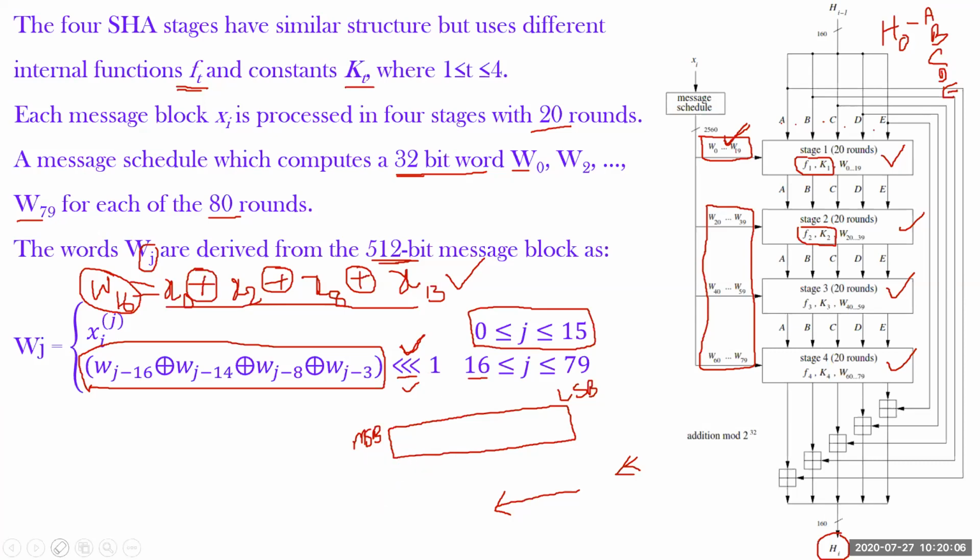Whereas if you take this one, this operator indicates a rotate left kind of operation. What do you mean by rotate left? Whatever MSB bit you have, for example, this is 0 and this is 1, this is 1 and this is 0. While operating this once, this value is going to be placed at this place.